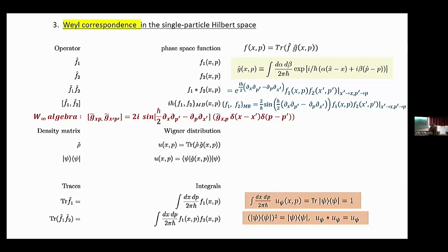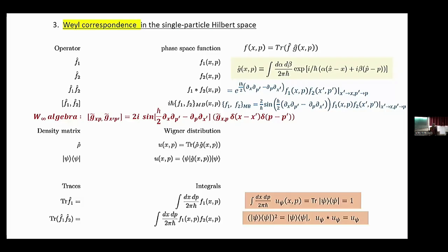Now, an interesting thing is that if you take a density matrix rho hat, then the Wigner distribution corresponding to that density matrix, so suppose you had a mixed state given by this density matrix, the corresponding phase space function is the Wigner distribution for that mixed state.